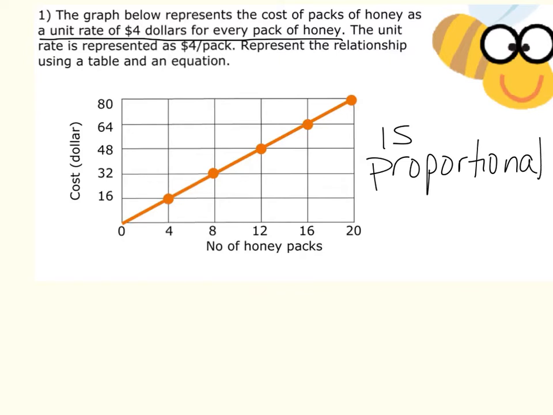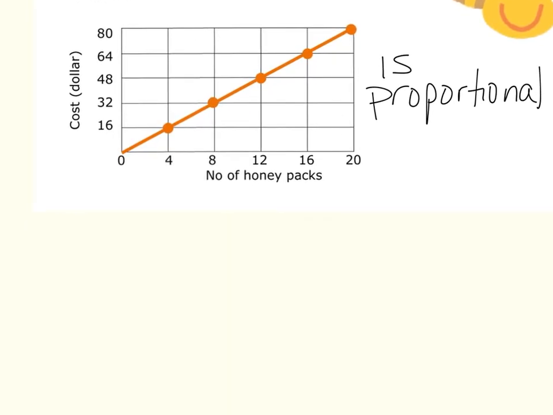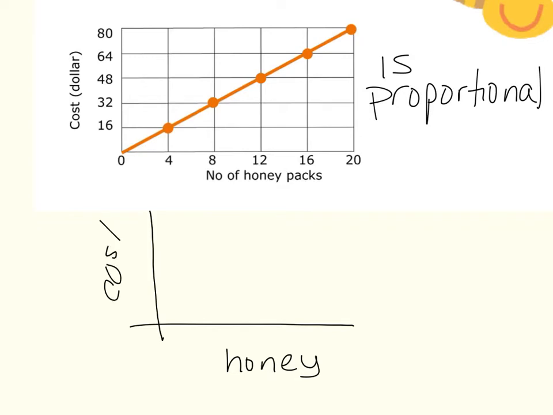I want you to draw a sketch. If this were me, I would draw a Y and an X. I would label this honey and this cost. And I would just sketch it just like that, nothing crazy, okay?